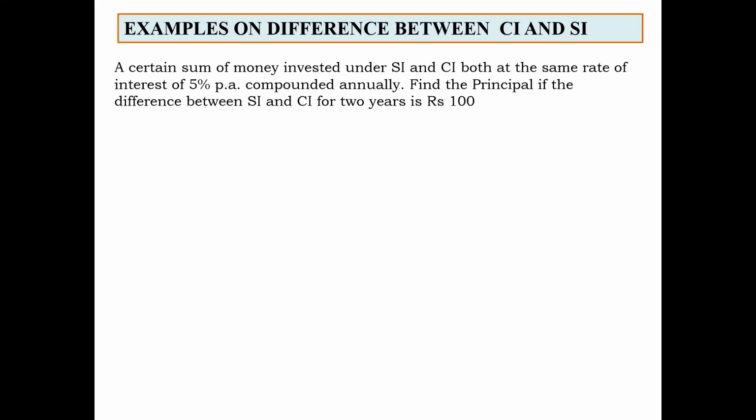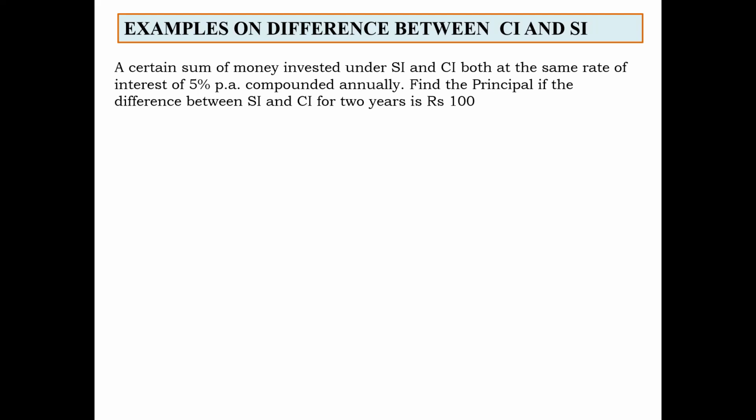Again, since the difference and the rate is mentioned, we have to find out P. It is just a matter of putting in the formula and plugging in values, and that will give us the answer.